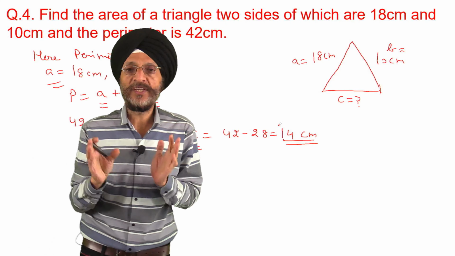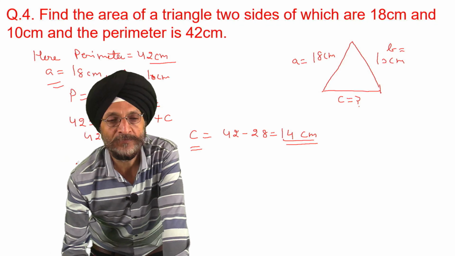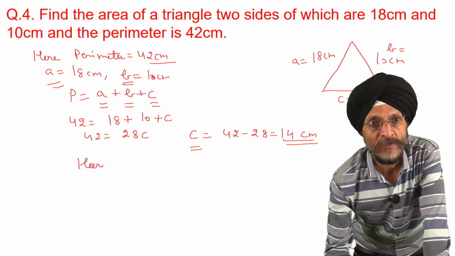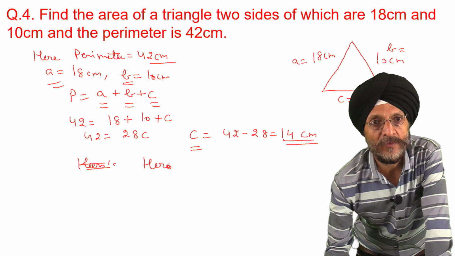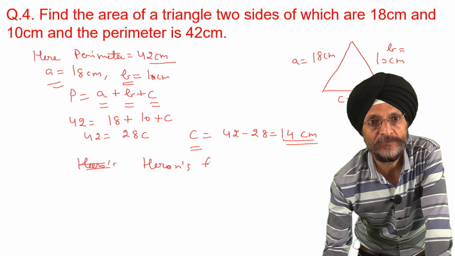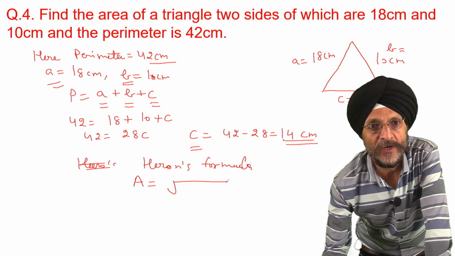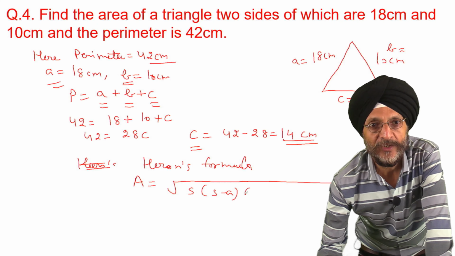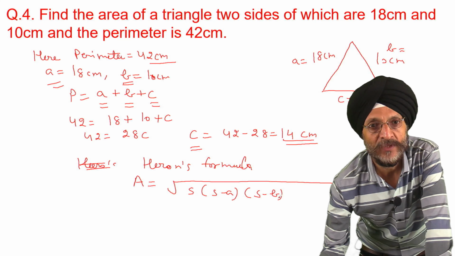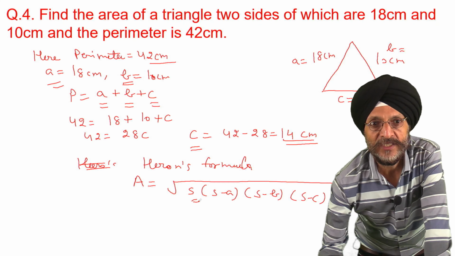Now we will use Heron's formula to find the area of the triangle. What is Heron's formula? Heron's formula says that area of triangle is equal to under root S into S minus A into S minus B into S minus C, where S is semi-perimeter.